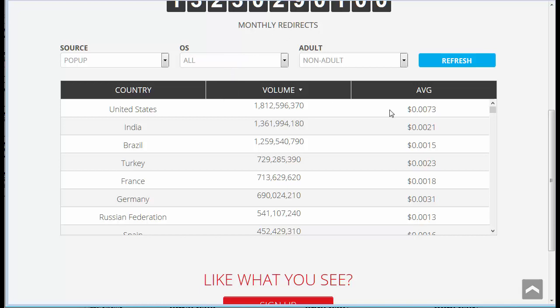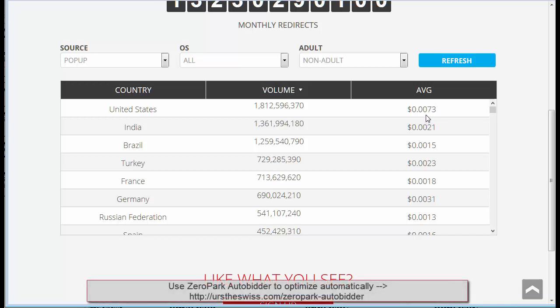And the average cost for that kind of traffic is $0.007. Now, the average being at 0.007 means, because other people bid higher on particular keywords, that the run on network traffic is probably slightly lower than this.